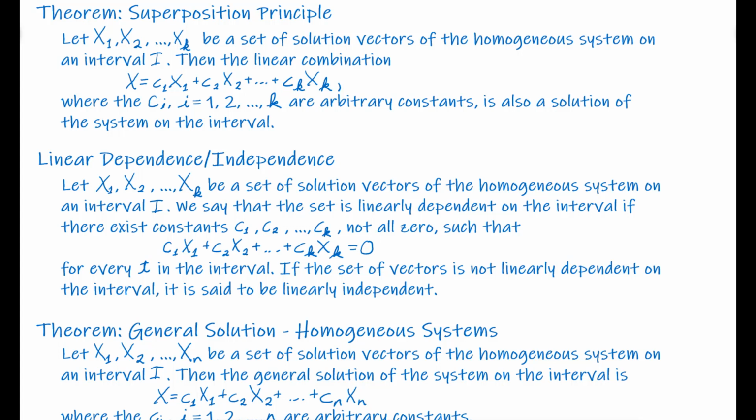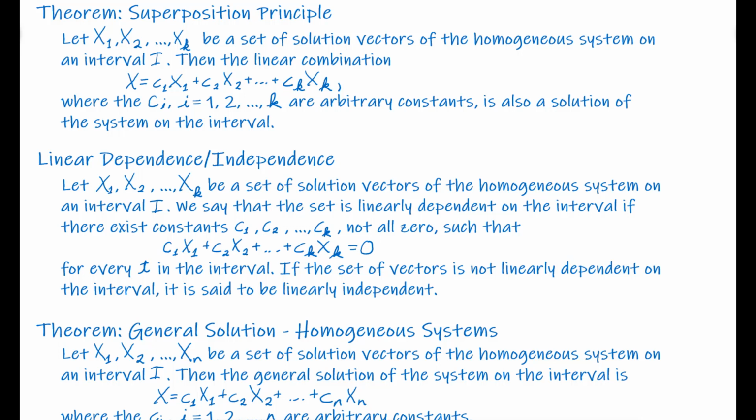If we take our set of solution vectors of the homogeneous system on an interval I, we say the set is linearly dependent on the interval if there exist constants c1, c2 up to ck, not all 0, such that c1 X1 plus c2 X2 up to ck Xk equals 0 for every t in the interval.